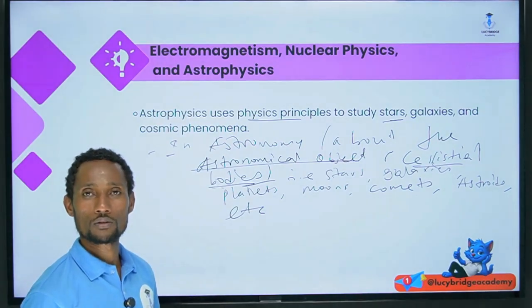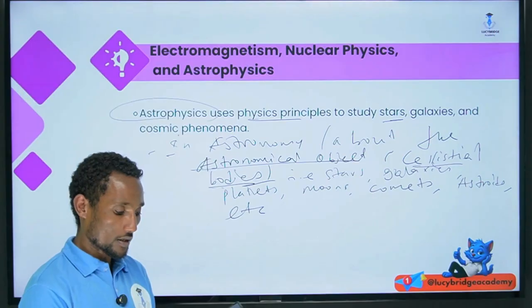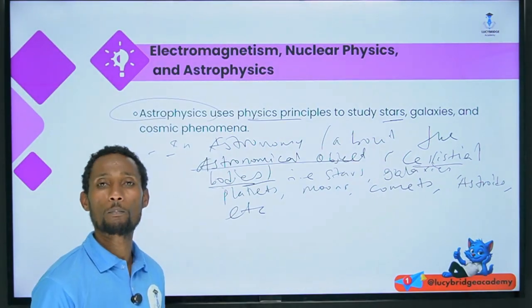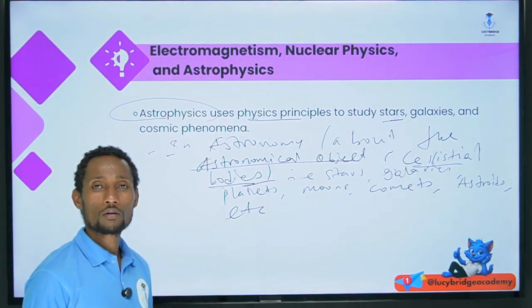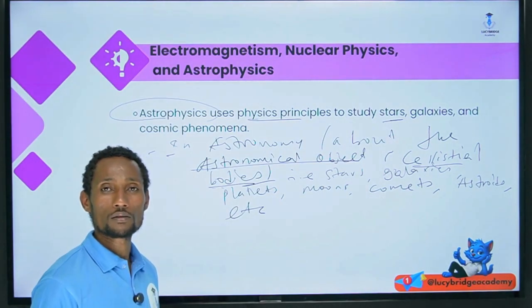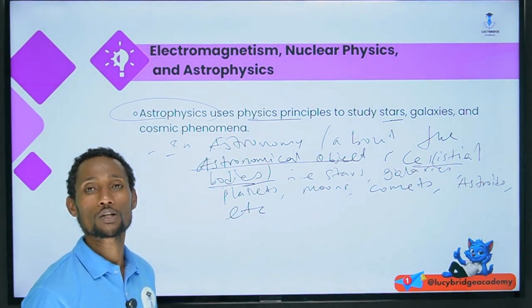Celestial bodies, which are studied by what? The astrophysics. About their physical principles, the births and deaths of the stars.